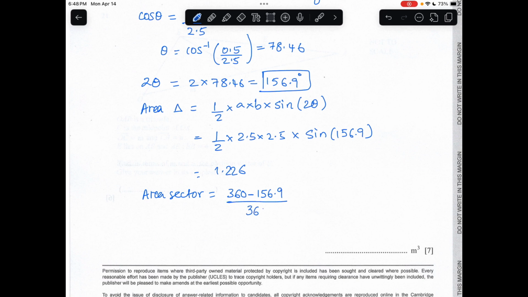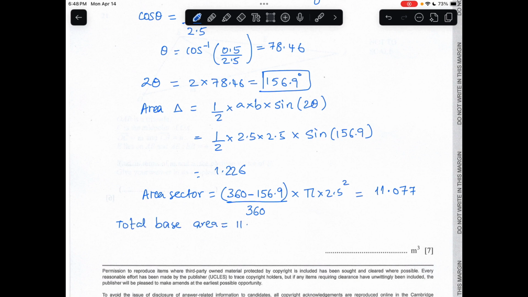Theta over 360 times pi r squared. This works out to be 11.077.